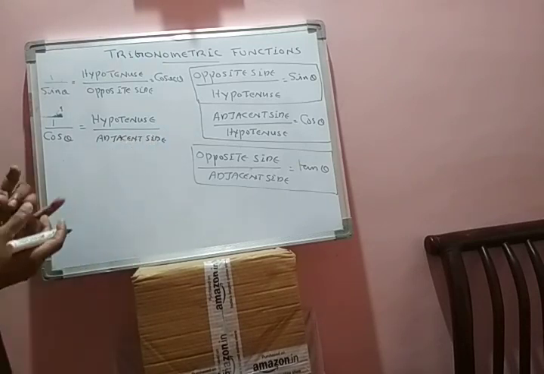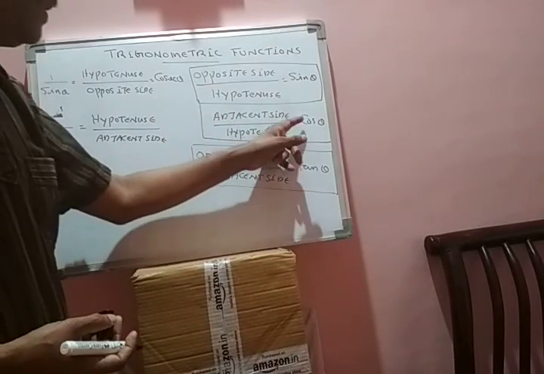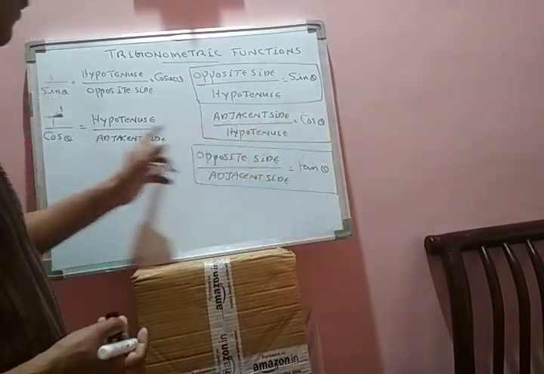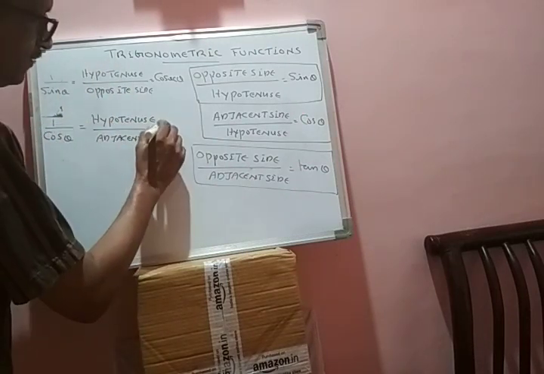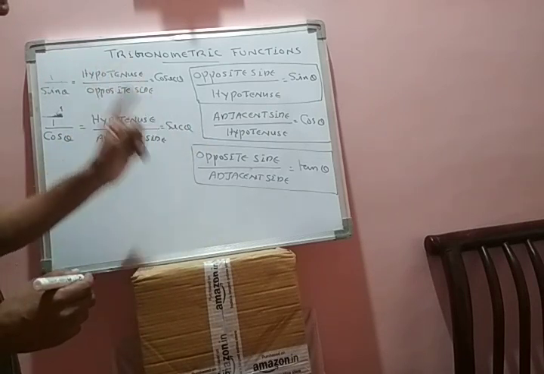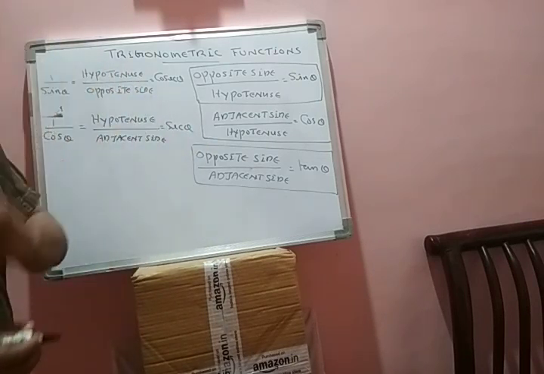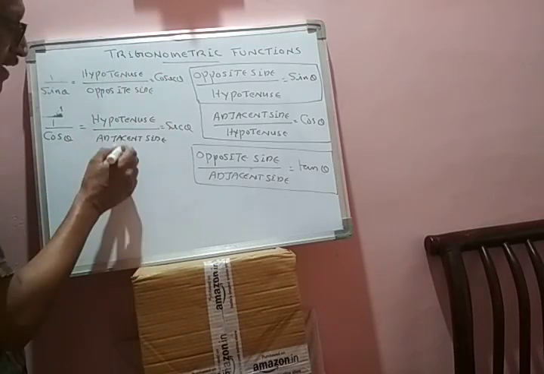Taking the reciprocal of cos theta, we get a fifth ratio. That ratio is known as sec theta. Therefore, sec theta is the reciprocal of cos theta. 1 by cos theta is equal to sec theta, that is hypotenuse divided by adjacent side.